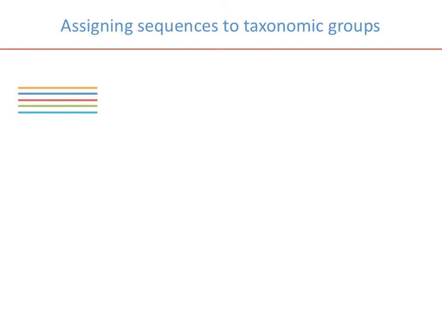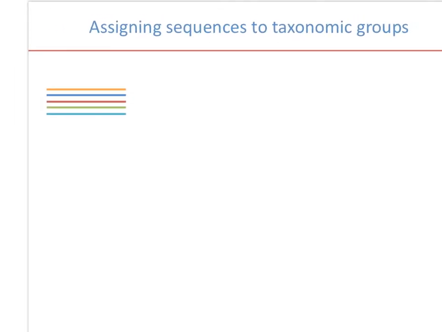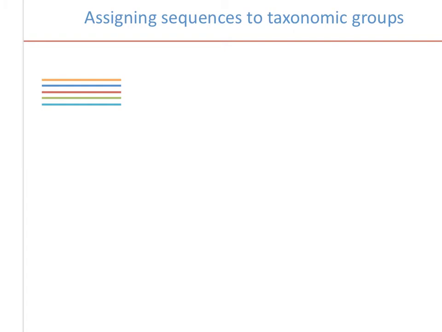So let's say now we have done the DNA extractions, we have done PCR amplification, and we've done sequencing. What you end up with after you sequence, at the very end, is a text file of your sequences. So I represented that here by different colors. This is species orange.